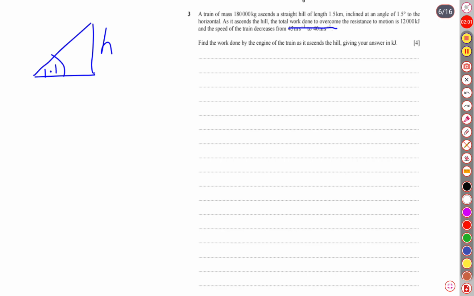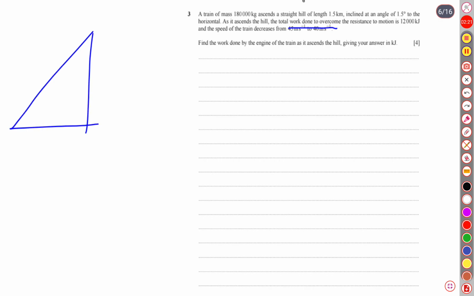Let me sketch a larger figure, a little bit larger so that my stylus works well. So this is 1.5 degree is the inclination.